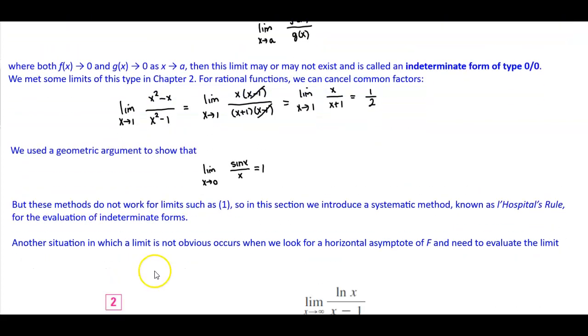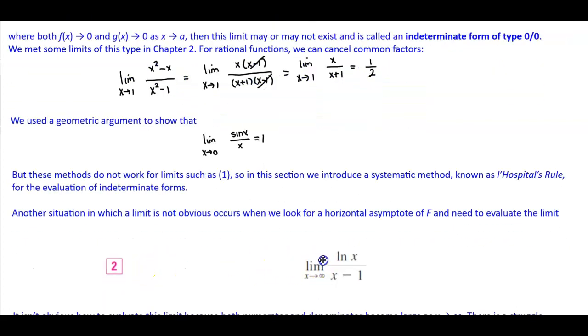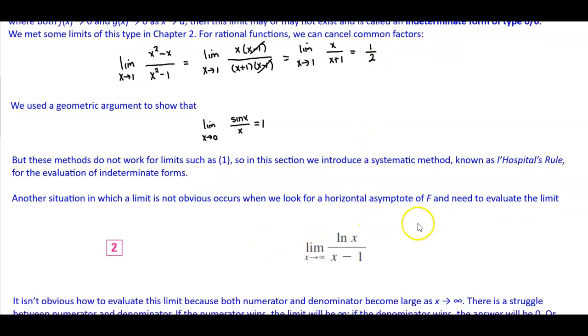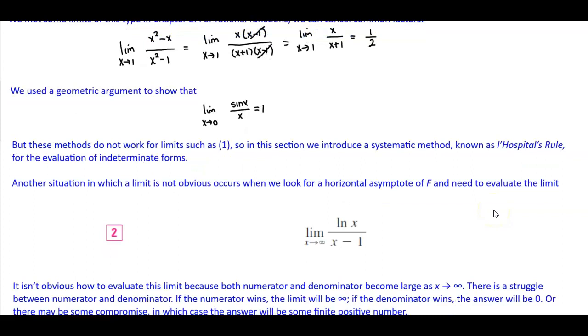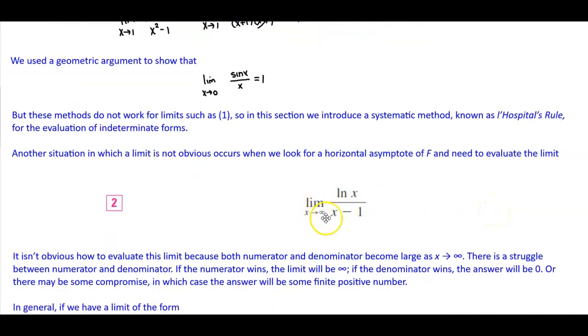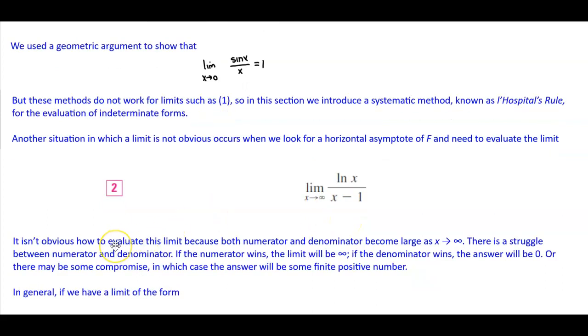Another situation in which a limit is not obvious occurs when we look for a horizontal asymptote of f and need to evaluate the limit as x is approaching infinity of the natural log of x over x minus 1. It isn't obvious how to evaluate this limit because both numerator and denominator become large as x approaches infinity.